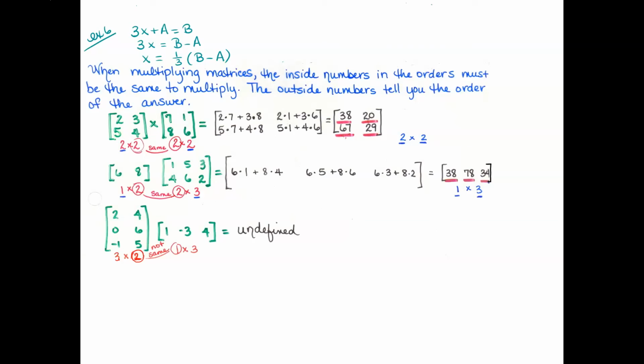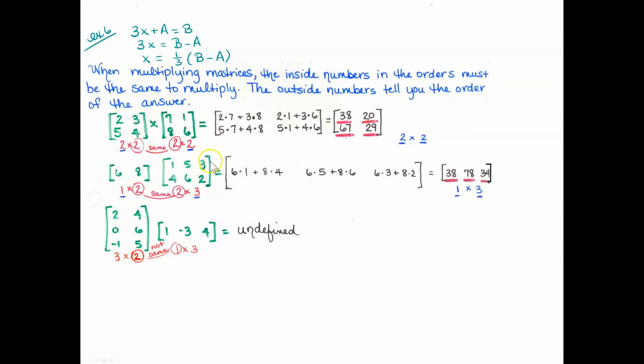So then if I want to find what goes in the first row, first column, what do I multiply? First row times first column. So I'm going to take my first row, 6, 8, and I'm going to multiply it by my first column, 1, 4. So I would do 6 times 1, 8 times 4, and add those together to get my 38.